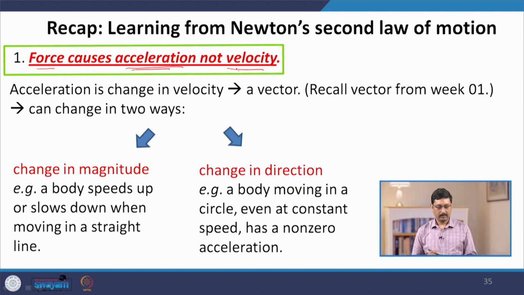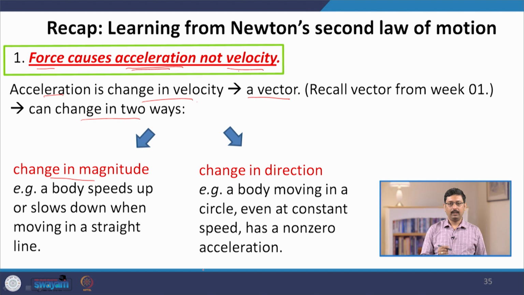Now, here is one point that I want to highlight, which is again a common misconception among students. Acceleration is a change in velocity, and velocity is a vector. A vector has both magnitude and direction, which means that it can change in two ways. The first way is that the velocity changes in magnitude keeping the direction fixed.